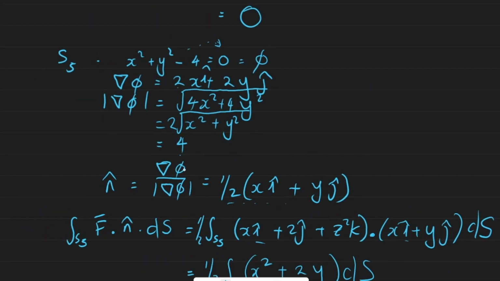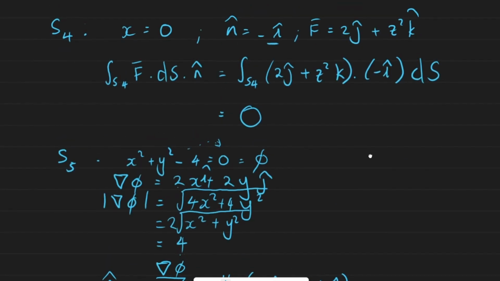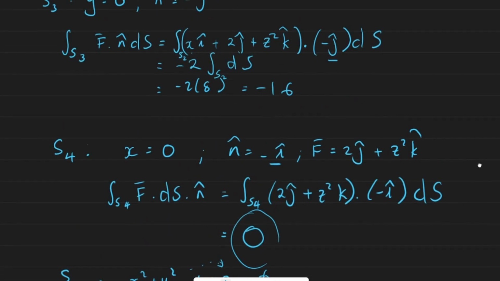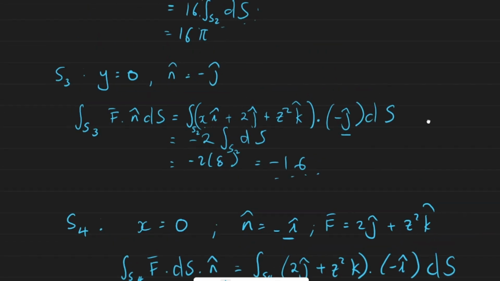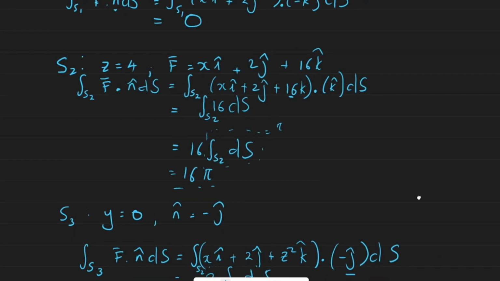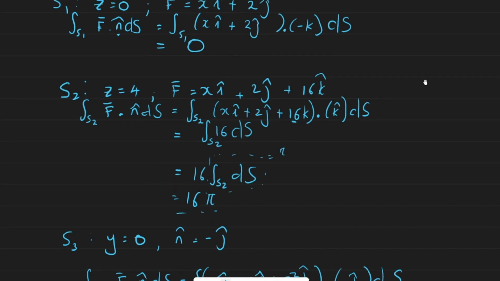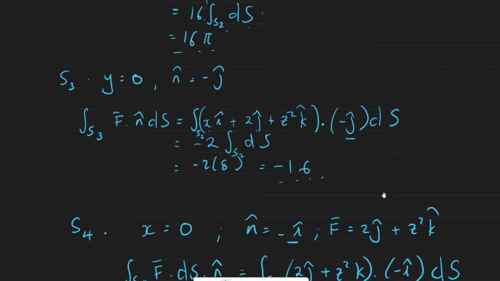No, sorry, S5 was actually what we had just determined. S4 was equal to 0. S3 was minus 16. S2 was 16 pi. And S1 was 0. So putting all of these numbers in, we're going to add them up and see what we get.